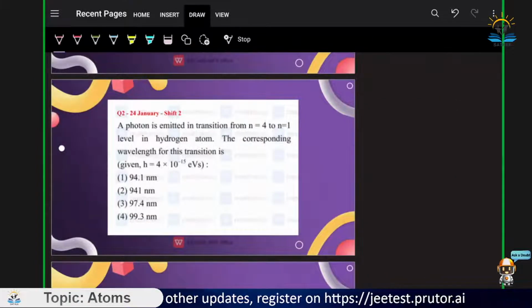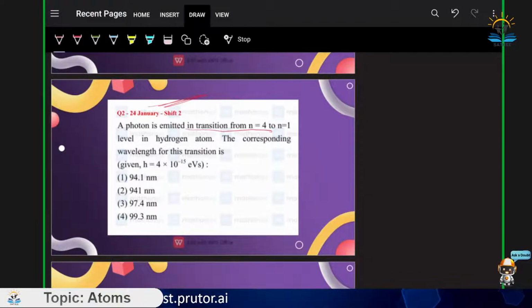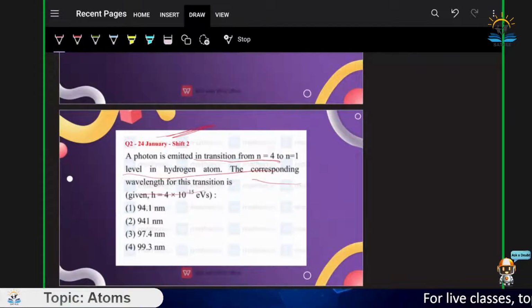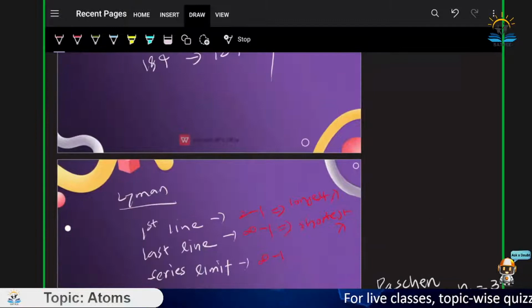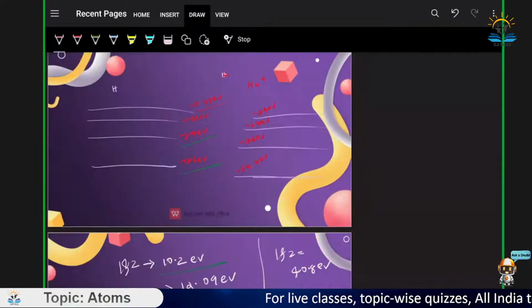A photon is emitted in transition from n equal to 4 to n equal to 1. This is the latest question, 2022. The corresponding wavelength of this transition, again hydrogen, n equal to 4 to n equal to 1.